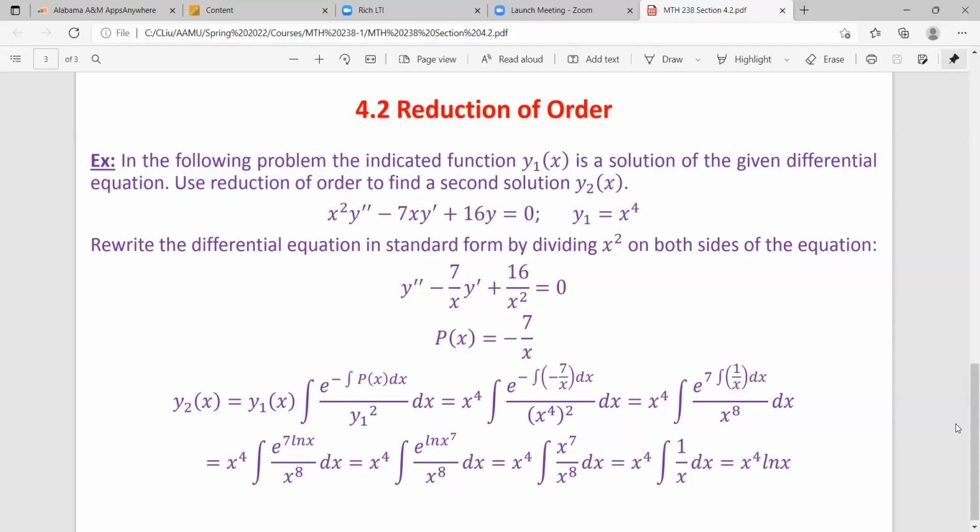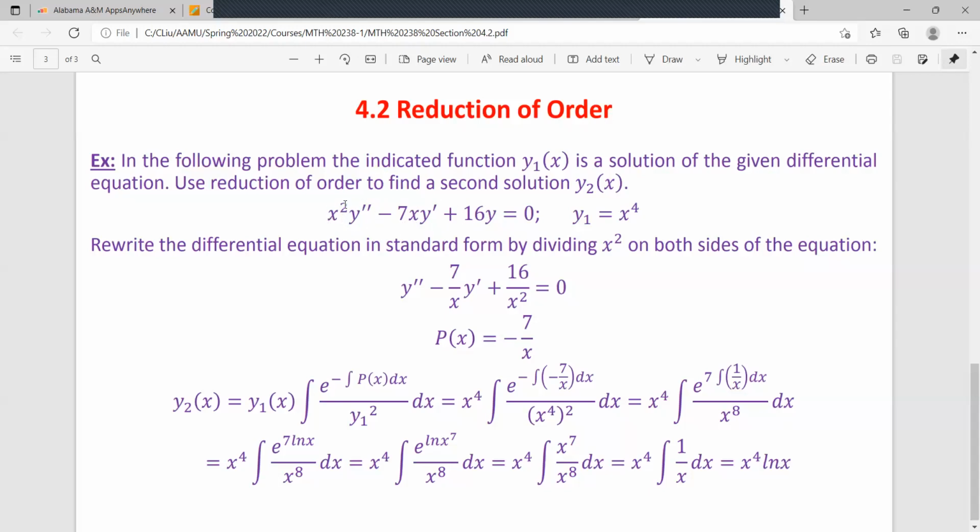In this example, the equation is already in standard form, well, not the equation itself, but the homogeneous equation. So we don't have to change it. But the equation itself is not standard.